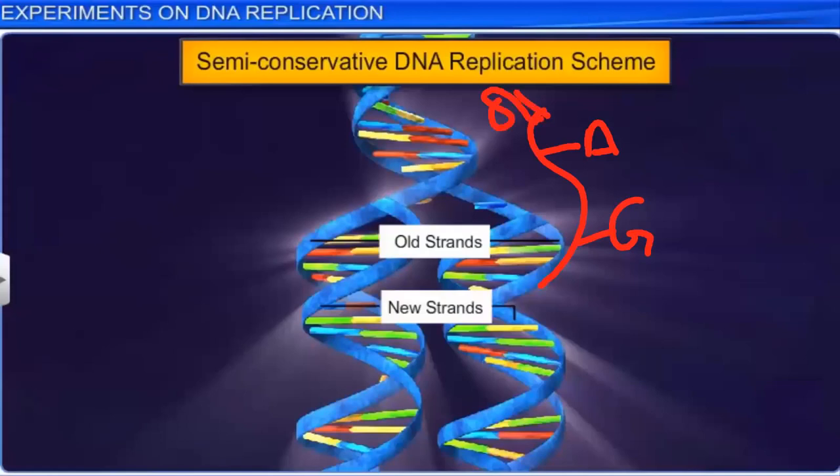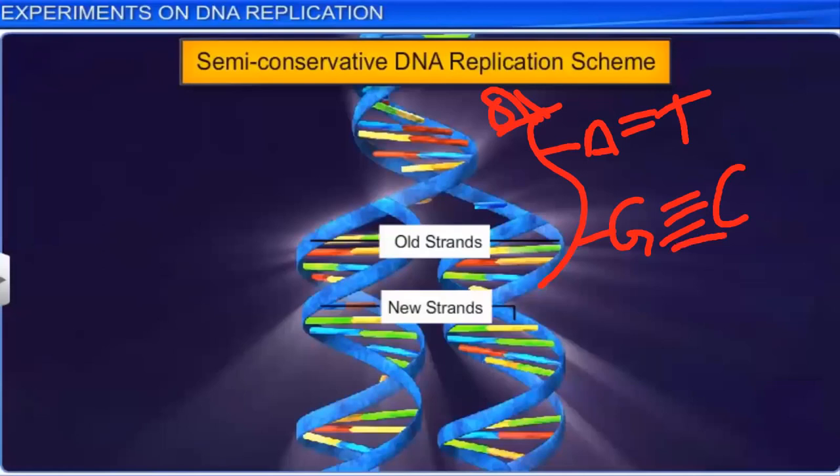Now this old strand, by the nature of complementary pairing, will form a double hydrogen bond, and here which nitrogenous base will come? T will come, that is thymine. While here, what will come? With a triple hydrogen bond, it will bond with cytosine. Like this will be old, and one new strand will be formed here.